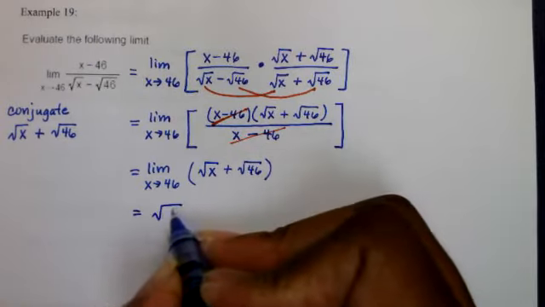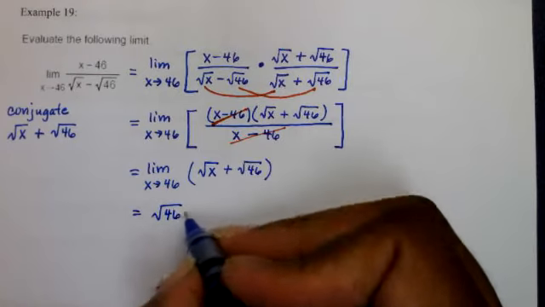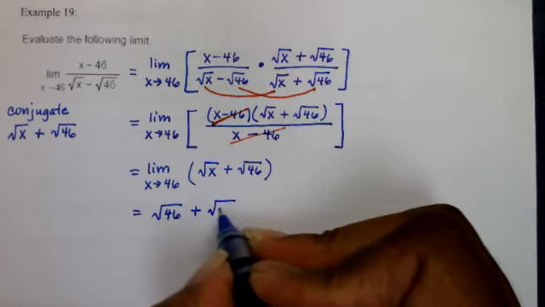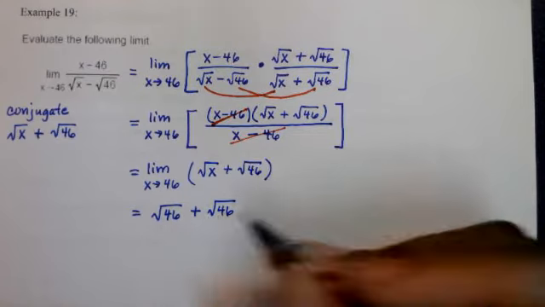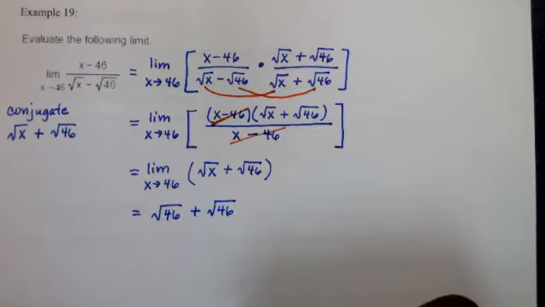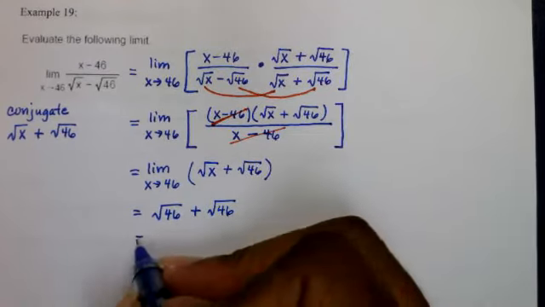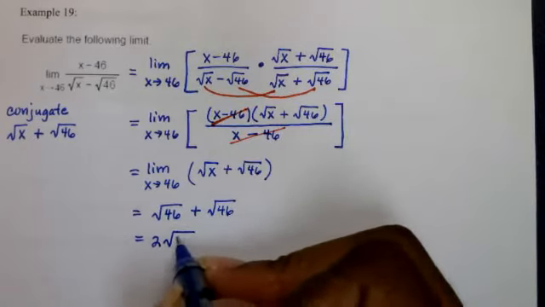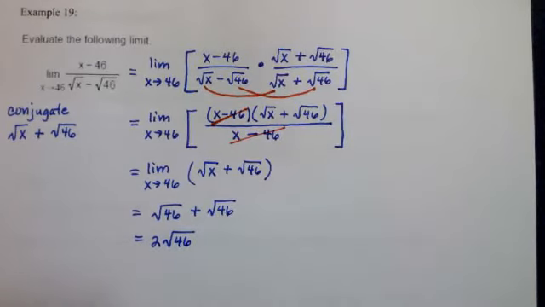So I can just go ahead and directly substitute the x with the 46. So it'll be the square root of 46 times the square root of 46. And how many square roots of 46 do I have? I got 2 of them. So it'd just be 2 square root of 46. And that's all there is to it.